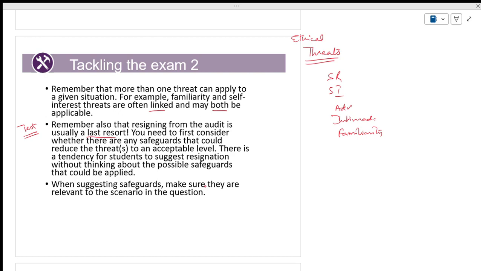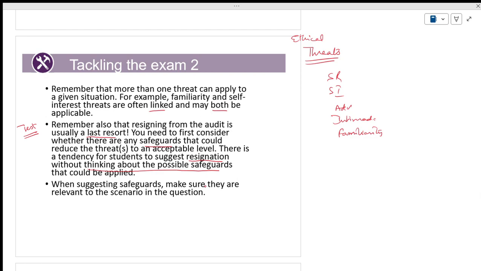You have to consider what safeguards we have to take into consideration. There is a tendency that students suggest resignation without thinking about possible safeguards. If you are giving a suggestion, resignation is the last option, not the first.